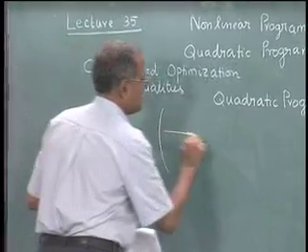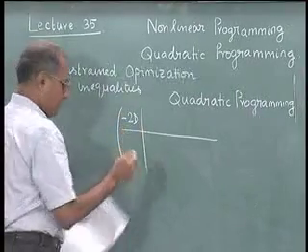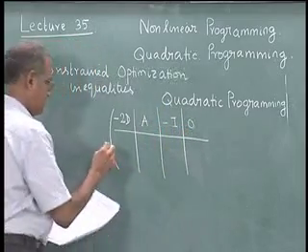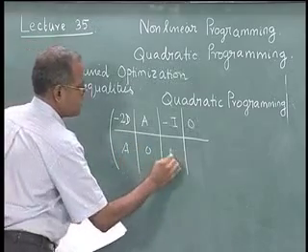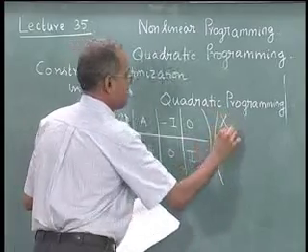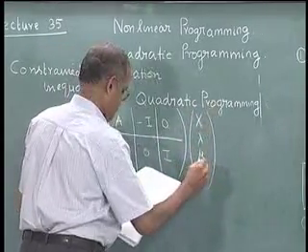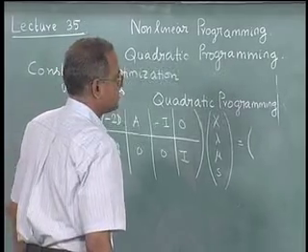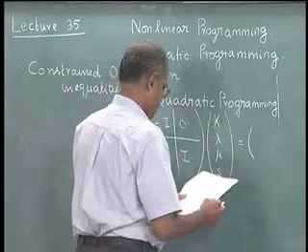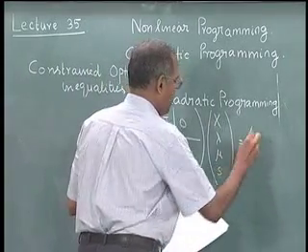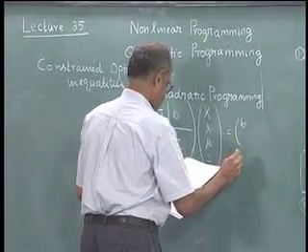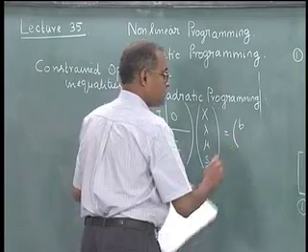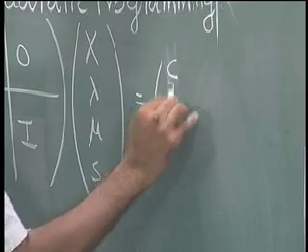So, this can be written as a matrix: minus 2D, A transpose, minus I, 0; A, 0, 0, I; multiplying the vector x, lambda, mu, s, equal to c and b.